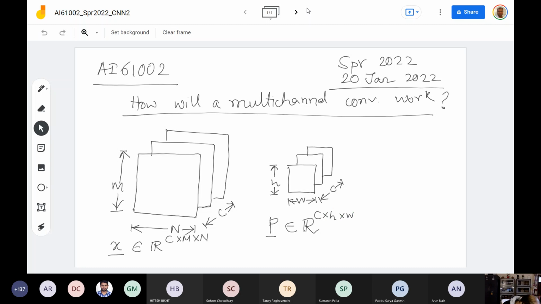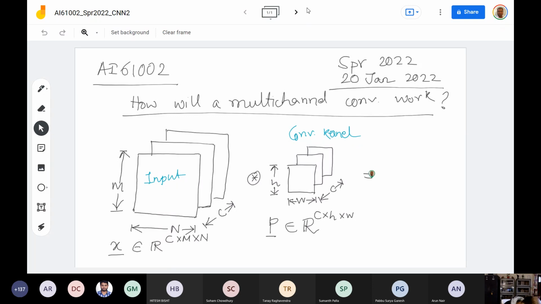Okay, so now if I convolve between them, let me say this is my input, this is the convolution kernel, and now if I convolve this, what am I supposed to get is the question.